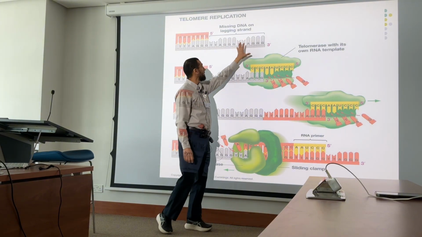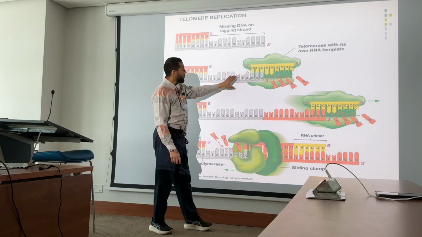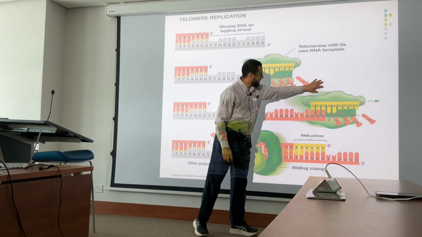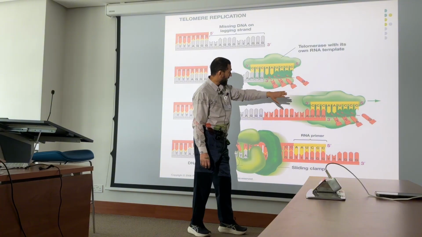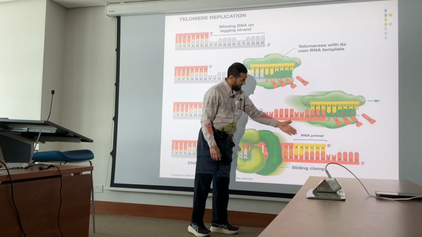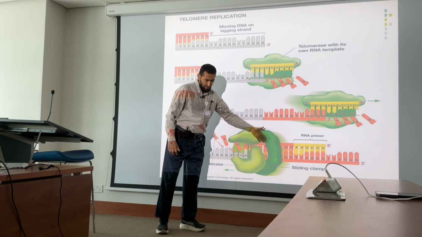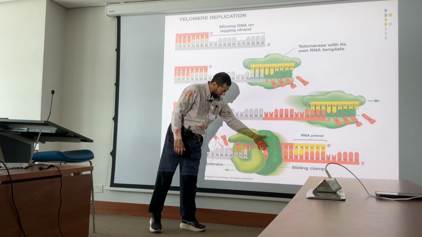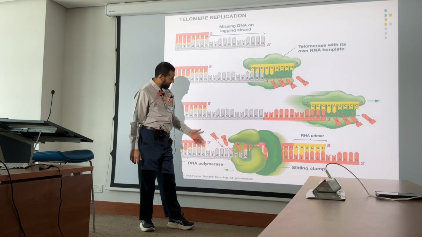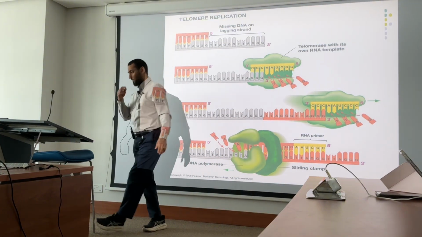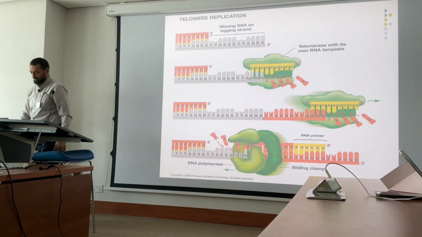If you put the primer here, you cannot replicate them. So the telomerase will build a few more nucleotides further, that will be used as a template for the primer. Then the DNA polymerase will attach and start replicating. After finishing this process, all this will be removed. Clear?